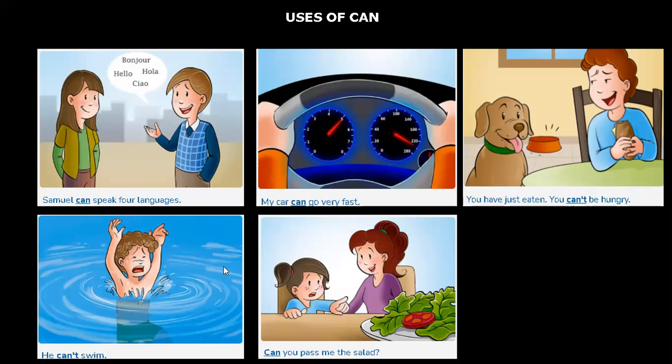En la imagen del guy swimming, it's obvious that he can't swim, porque lo estamos viendo. Acá, sin embargo, no estamos viendo que él no tiene hambre. Estamos diciendo, oh, no, no puedes tener hambre. Es como algo que pudiera ser imposible. No tanto de que no se puede, sino, ¿por qué tienes hambre? Why are you hungry? You can't be hungry. You just ate. ¿Sí?